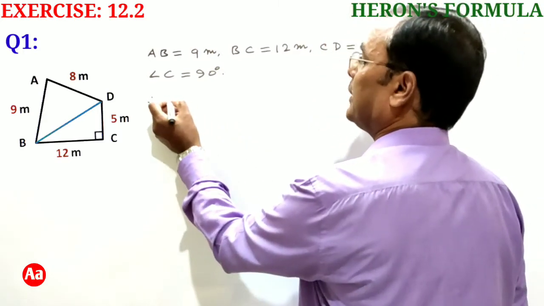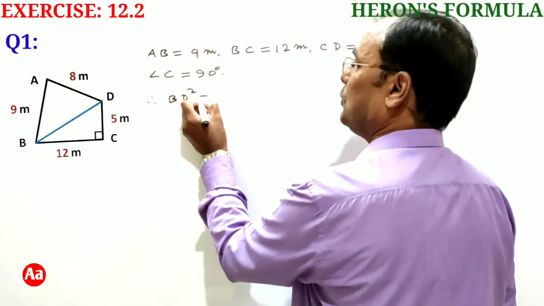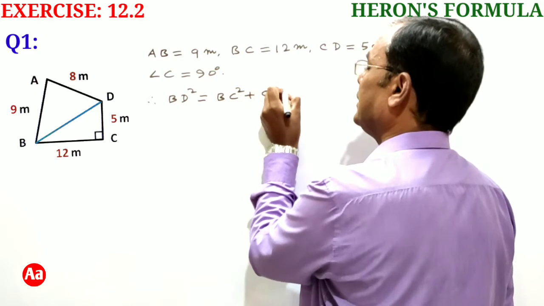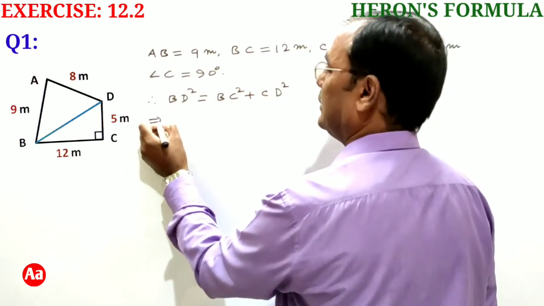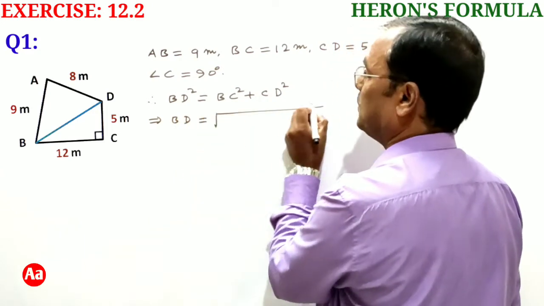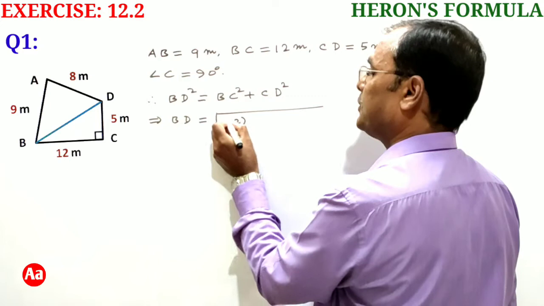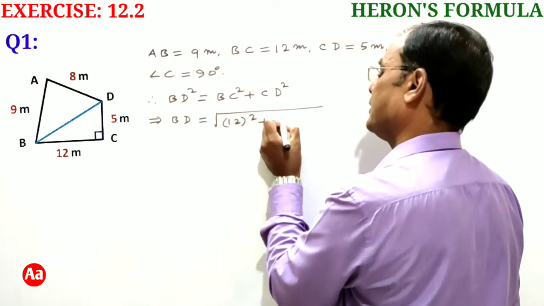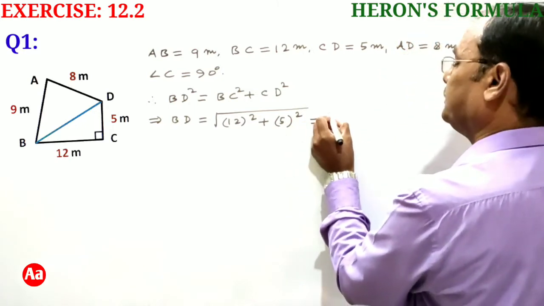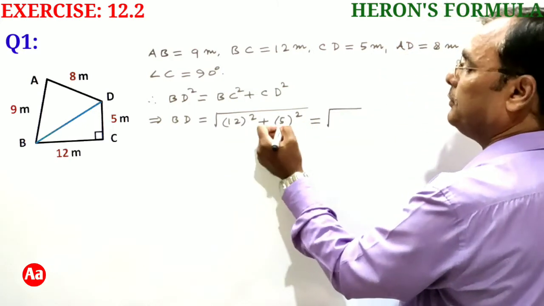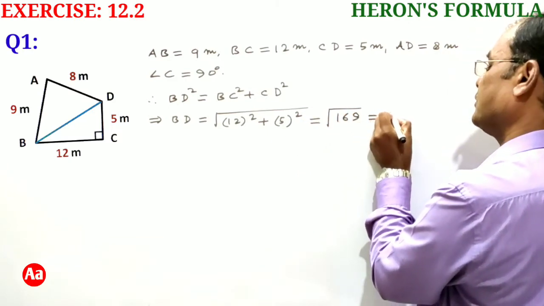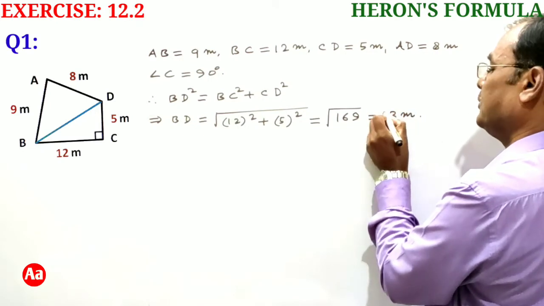So BD square is equal to BC square plus CD square. That means BD is equal to under root 12 square plus 5 square, which is equal to 144 plus 25, 169, and the square root is 13 meter.